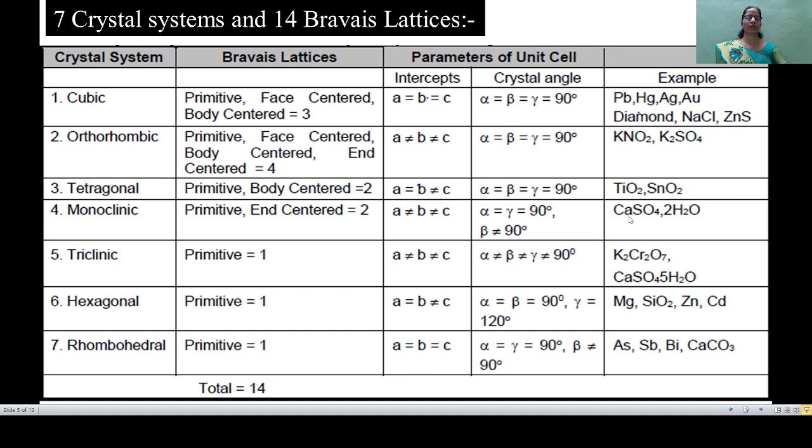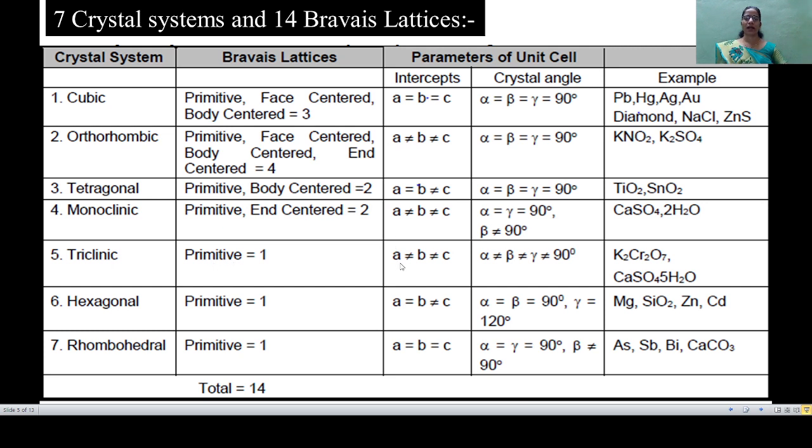Here calcium sulfate dihydrate is showing the monoclinic crystal system. The triclinic crystal system shows only one type of arrangement of constituent particles, and it is named as primitive triclinic system.